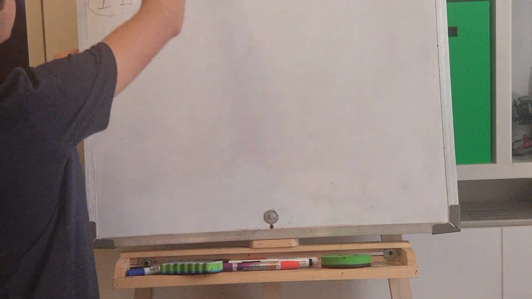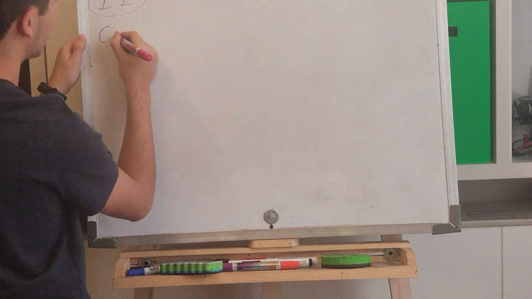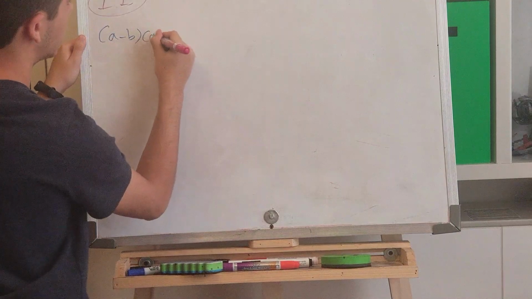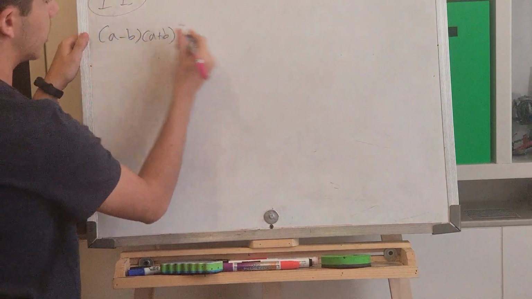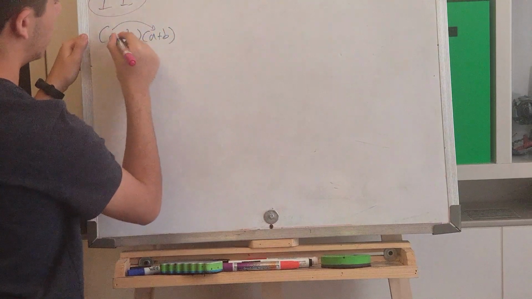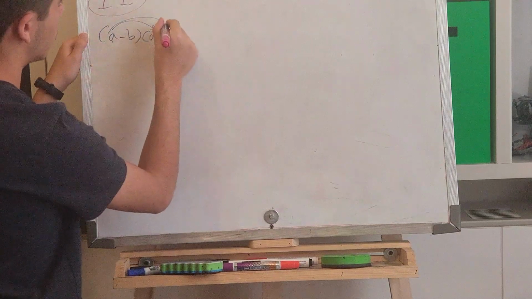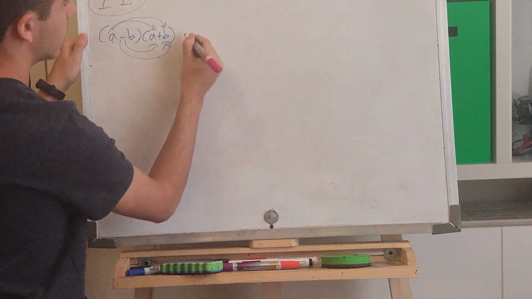Okay, now I think it was this one, yeah. So, a minus b times a plus b. Now, how does this one work? So this is what happens.